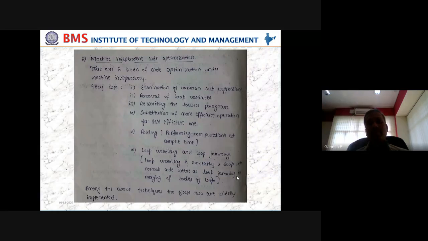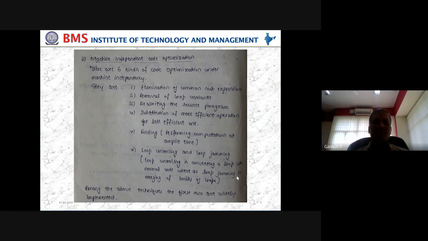Whereas loop unrolling is what? We have a normal code and convert that into a loop if required. Like normally a program is divided into multiple functions. The teacher would have said, write a function in the place of normal code. So converting into a loop is loop rolling, and merging more than one loop into one single platform is called jamming of loops.